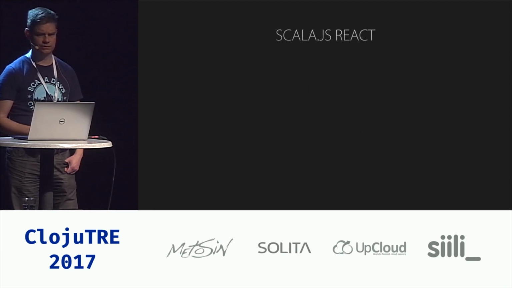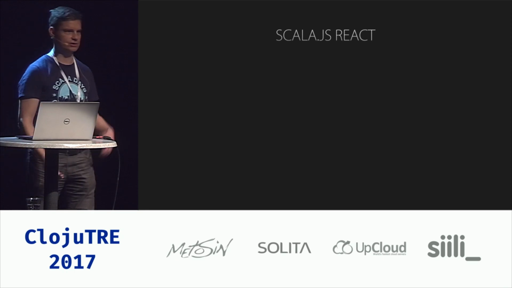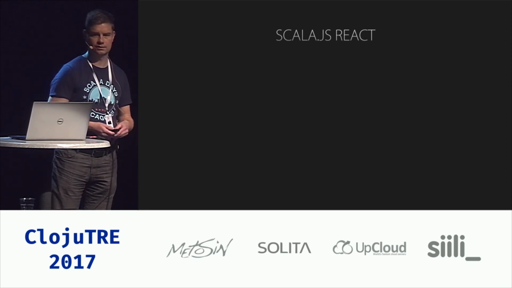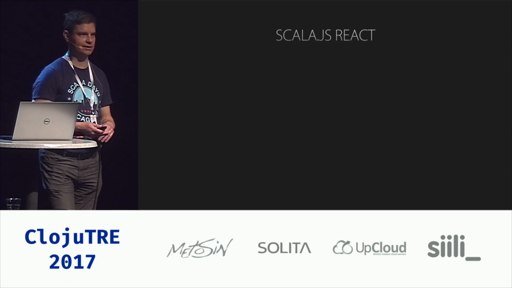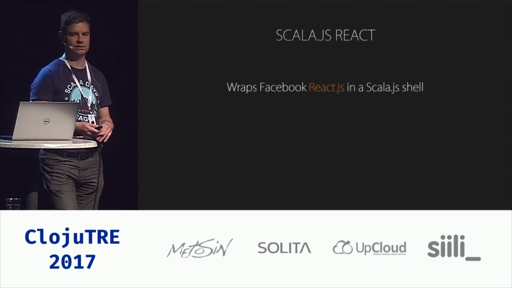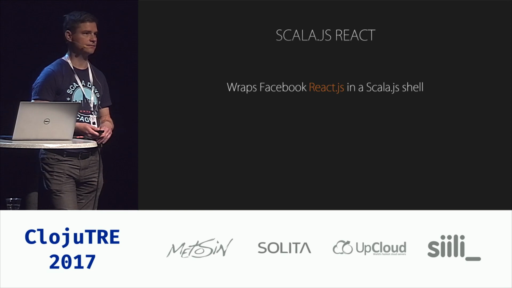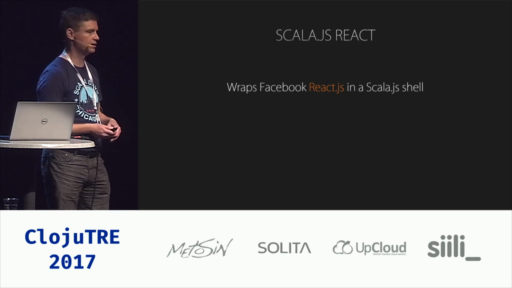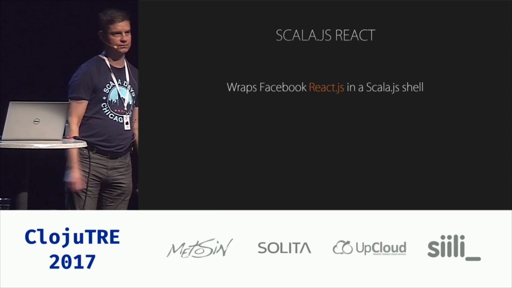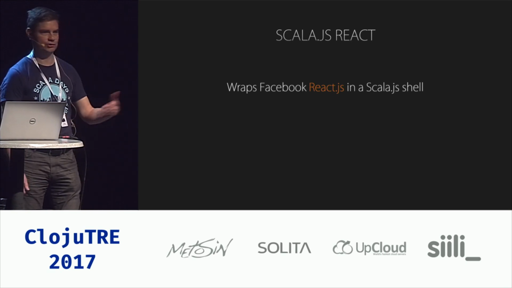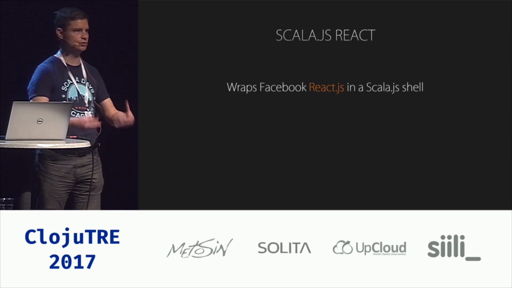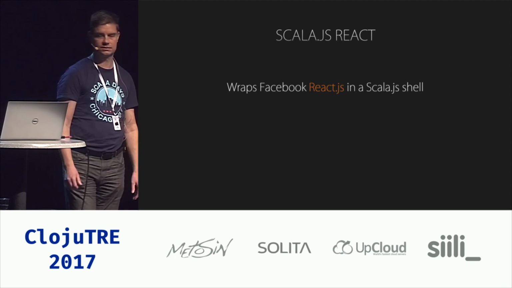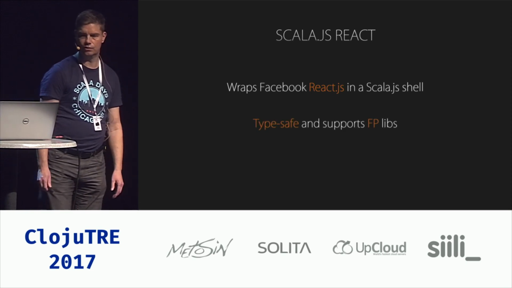Typically when you start with Scala.js, you usually use some kind of framework to get things done. I think the most popular one is Scala.js React, which is simply a wrapper around the Facebook React.js library. We have these wrappers for all the other languages, like Clojure has OM and other things as well. So it's quite common to use the existing JavaScript libraries and then build on top of those.